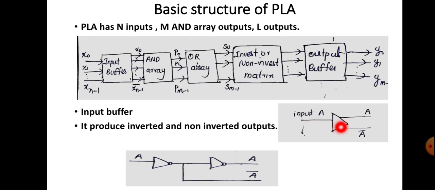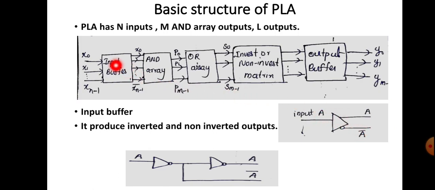Usually the input buffer is like this. You can see that there is one input and the output of the input buffer is two, one is A and the other is A bar. This is obtained by connecting two inverters in series: the output of the first inverter is A bar, and the output of the series combination is A. So this input buffer is used to produce the inverted and non-inverted form of the input.